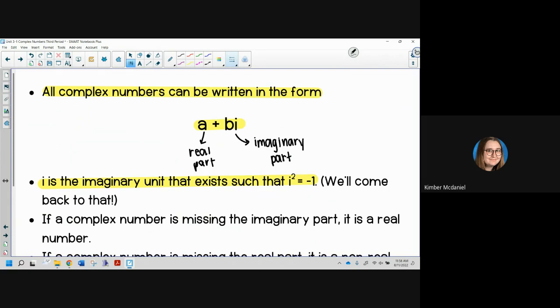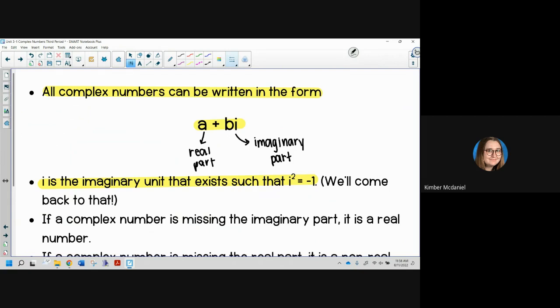And with complex numbers that have real parts and imaginary parts, we always write them in A plus BI form. Okay, and again, that means just putting your real part first and your imaginary part second. That's a habit that we are going to develop over the next week and a half, where we are going to have a lot of lessons where we see complex numbers. And that's also a big part of our first standard, is being able to recognize complex numbers and imaginary numbers, but also being able to write them in the right form.